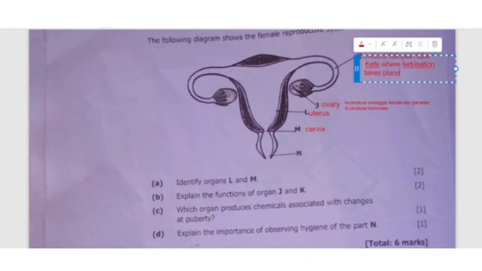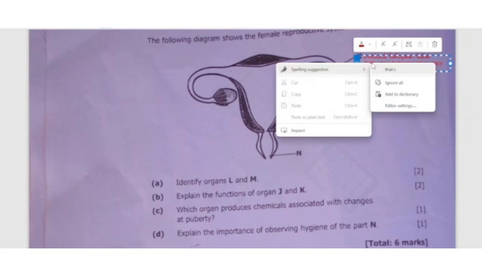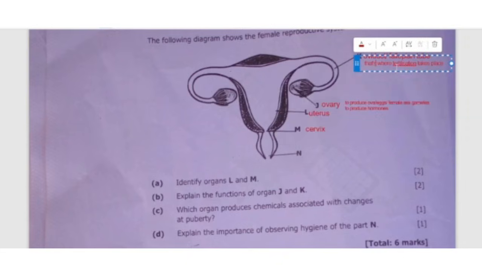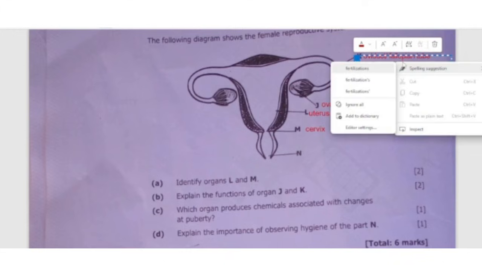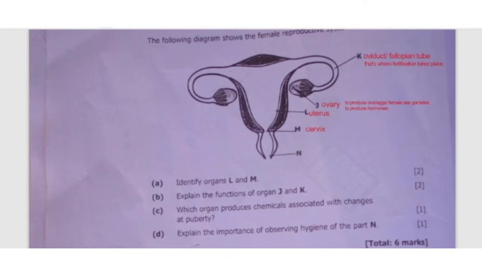If a woman becomes pregnant, that means in the fallopian tube fertilization took place.